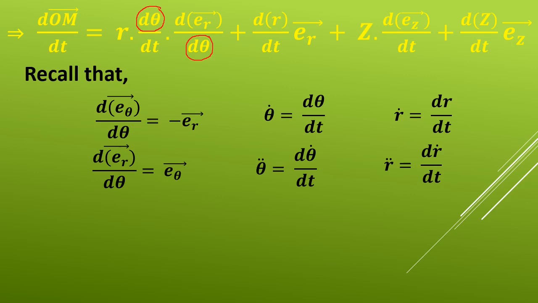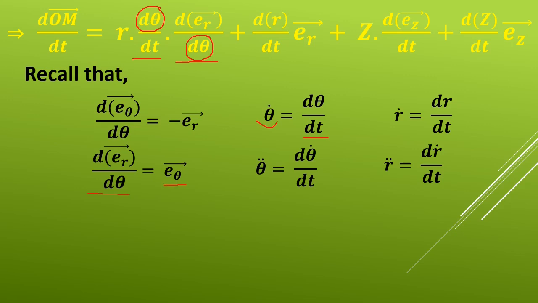So when we divided the very first term by d theta both in the numerator and denominator, in essence we wanted to obtain this expression which corresponds to this, that is d theta dt, and we know that the expression is equal to theta dot. Also, we wanted to obtain this expression which corresponds to this expression and is equal to e_theta.